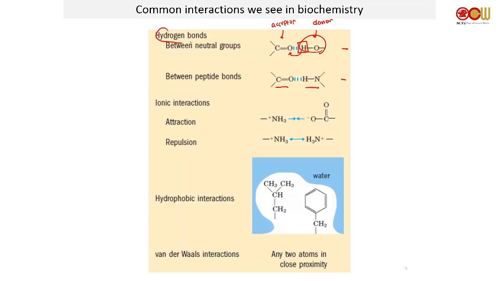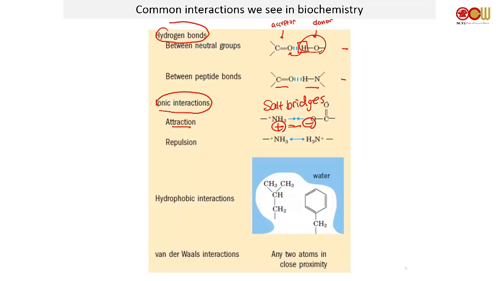So you've got hydrogen bonds that are really, really important in biology. You have ionic interactions, and these things are called salt bridges, okay? You've got a minus charge, you've got a positive charge. When they connect, you've got a salt bridge, okay? It's pretty stable. It's a stabilizing effect, okay? So that would be an attraction.